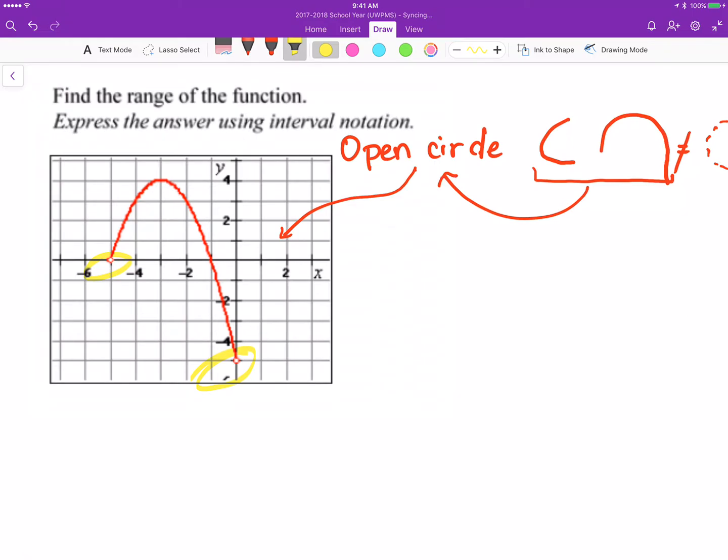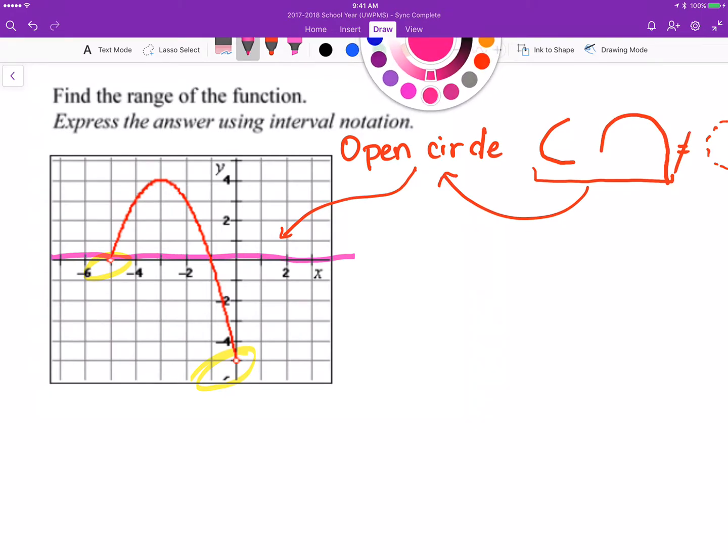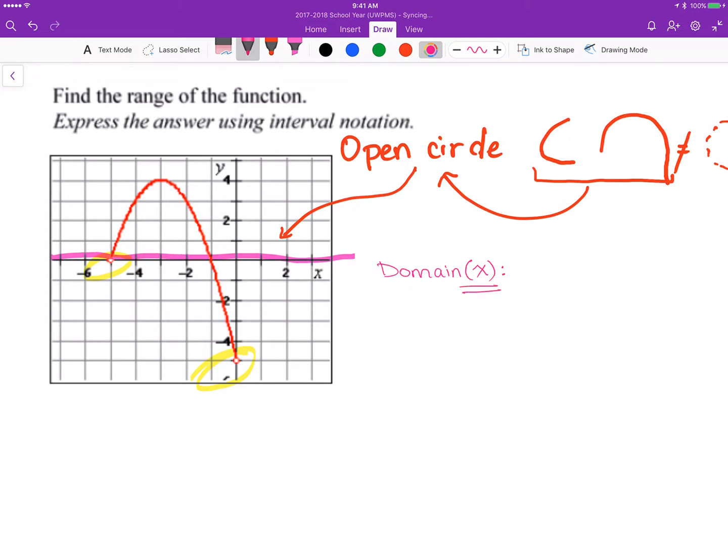So at this point, all we have to do is look at our range and domain. So that's our domain. Always do this so that I don't get confused. I add the X right next to the word domain, the X values.